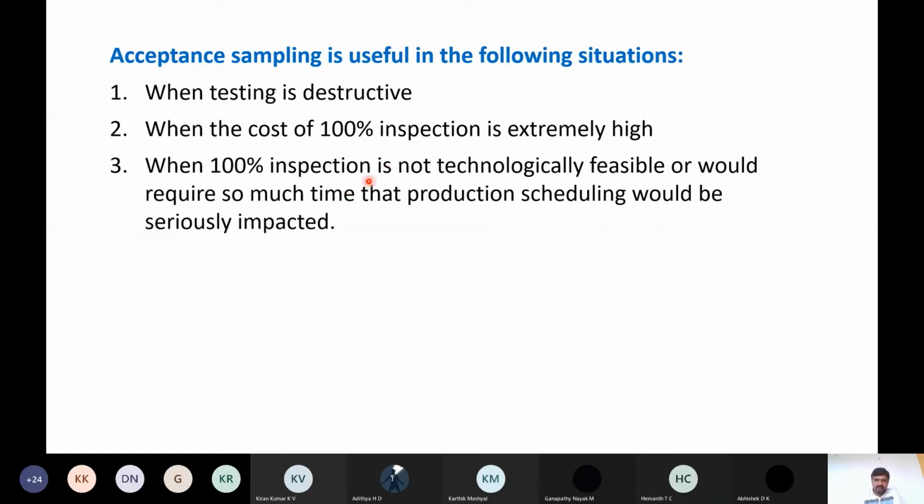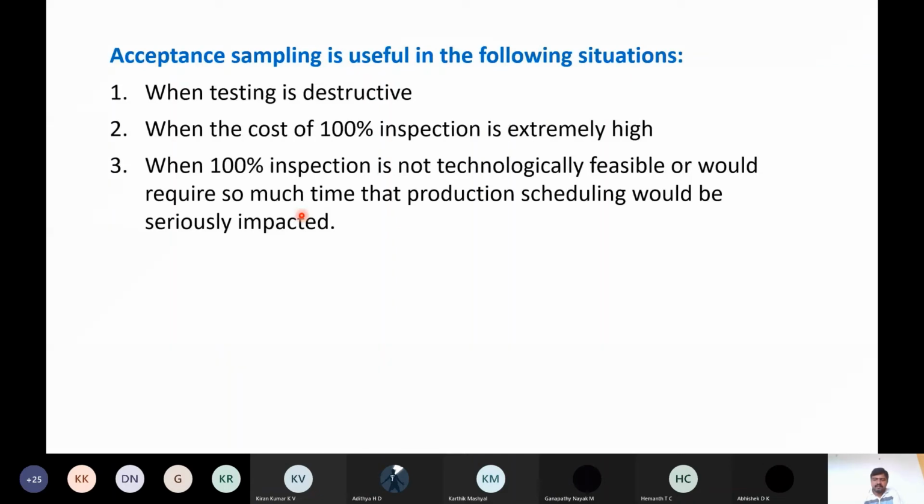Suppose it is not possible to do it automatically, then manually inspecting all units of a product will consume a lot of time. Suppose you are evaluating quality of a semi-finished product, and that is consuming more time.